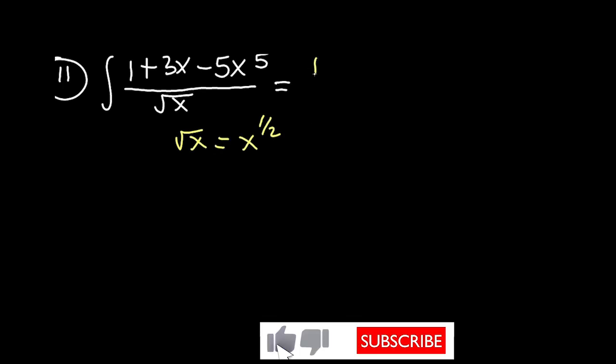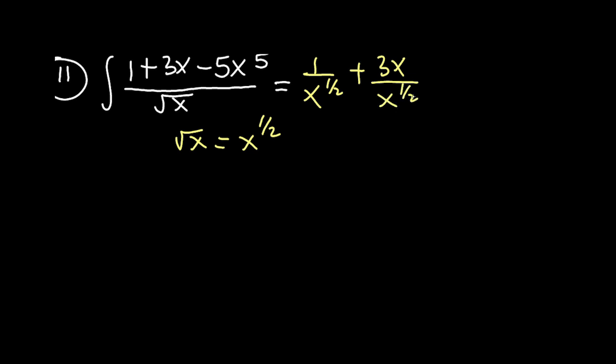So it's going to be 1 over x to the power half plus 3x over x to the power half minus 5 x to the power 5 over x to the power 1 over 2. So don't forget your integral sign. So that's what we have now.